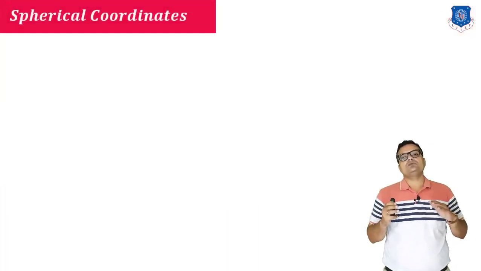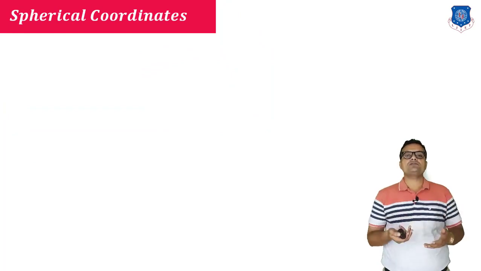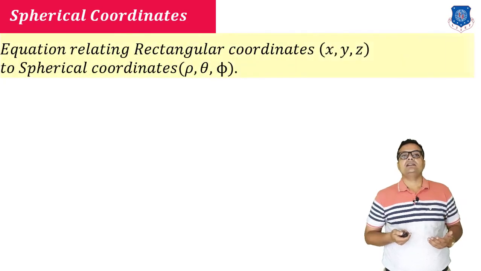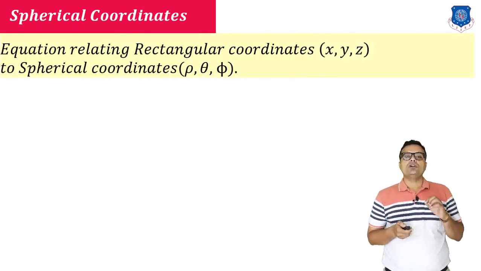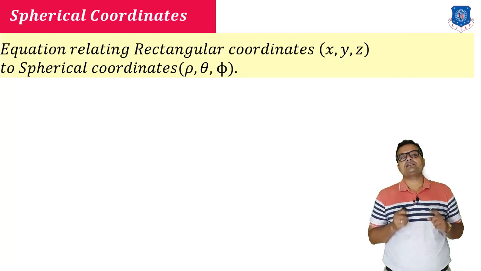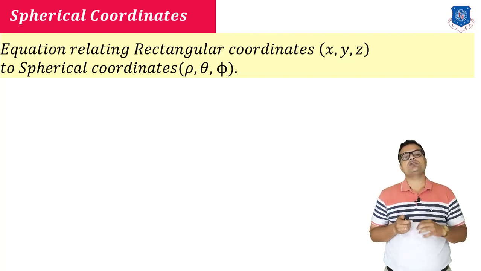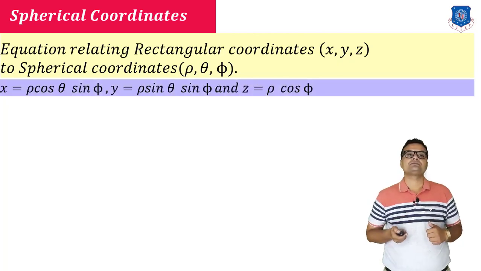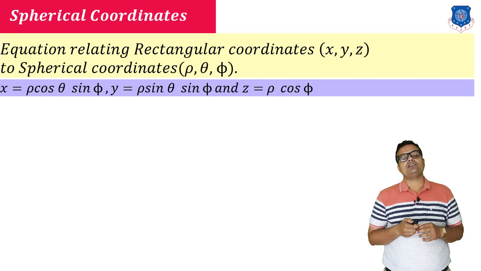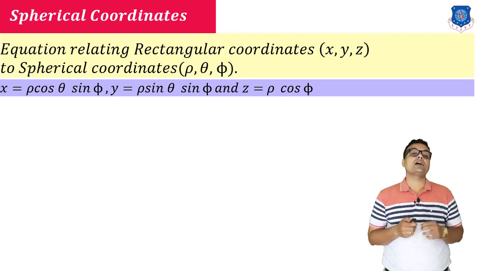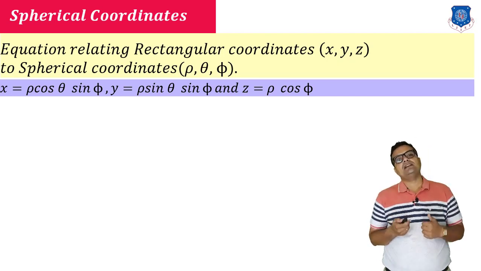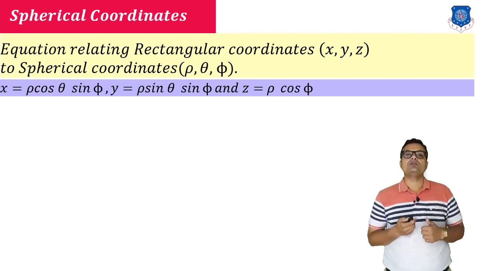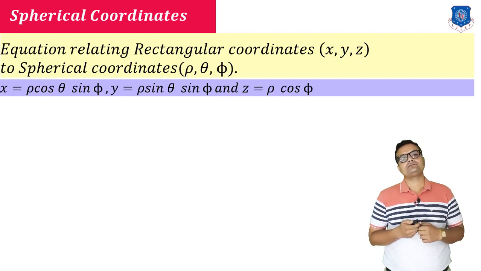So as I told you, first of all I will elaborate how we can deal with the spherical coordinates, or what they are in notation. If I consider rectangular coordinates x, y, z, then the corresponding spherical coordinates are defined by rho, theta and phi. Here x is defined by rho cos theta sin phi, y by rho sin theta sin phi, and z equal to rho cos phi.